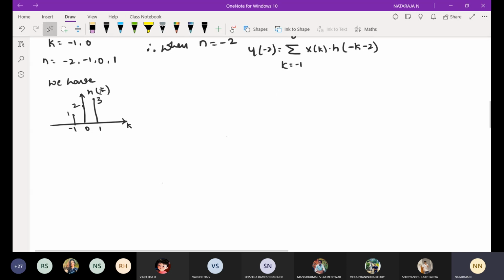Now I want h of -k -2, and I have h of k. I need h of minus k minus 2. That means first I have to do the shifting property, h of k minus 2. Then for the same signal I need to do reflection, the reflection of this k minus 2. Do you understand? Any doubts?